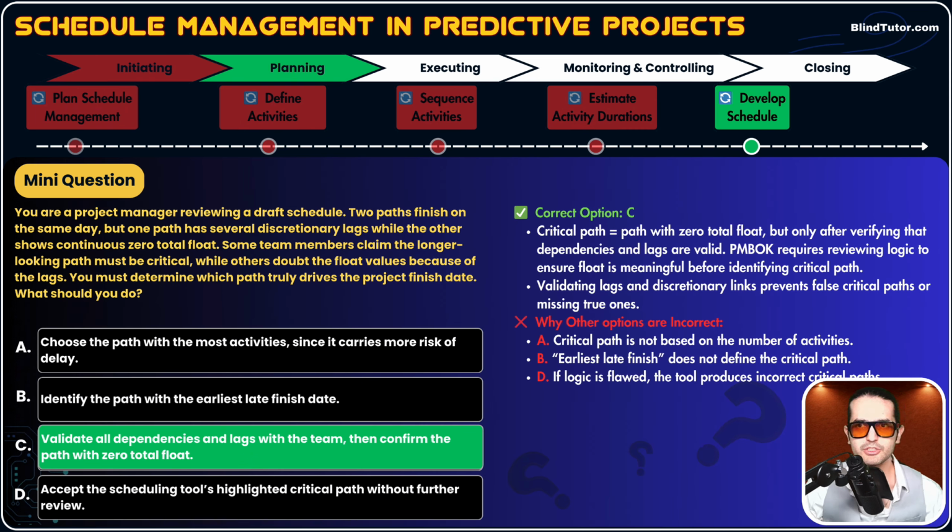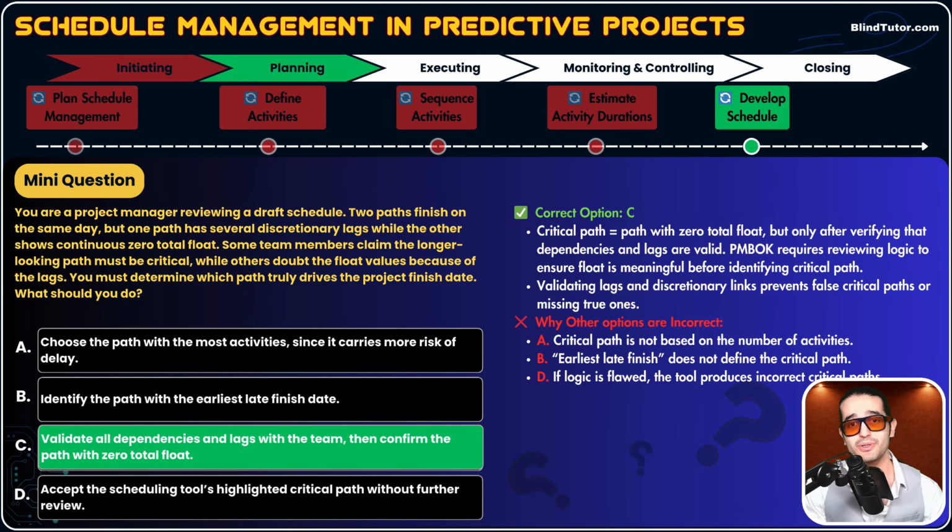Let's read the description. Critical path equals path with zero total float, but only after verifying that dependencies and lags are valid. This is very important. We cannot just pour in incorrect data and then have our scheduling tool say, hey, this path is critical based on your input.